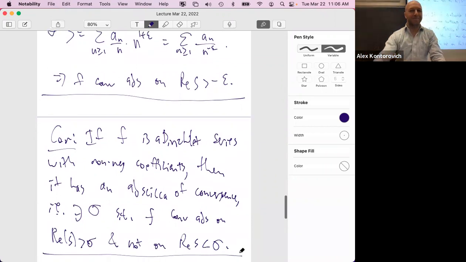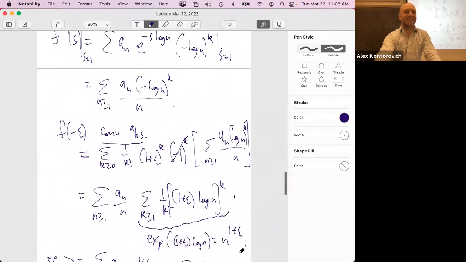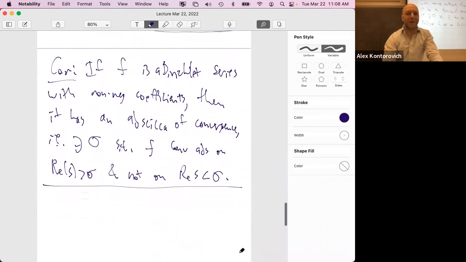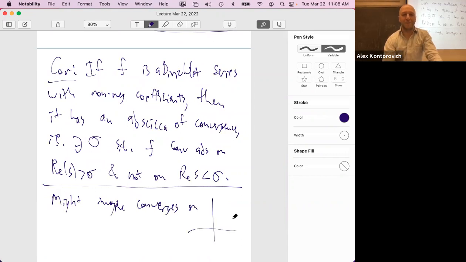Is there an example of some nasty series, with nasty coefficients, that will converge on some half plane and then some strip somewhere else, but nowhere else? With weird coefficients, you can imagine that it converges on some weird shape like this, and then a half plane.